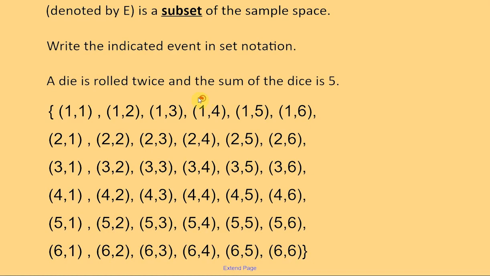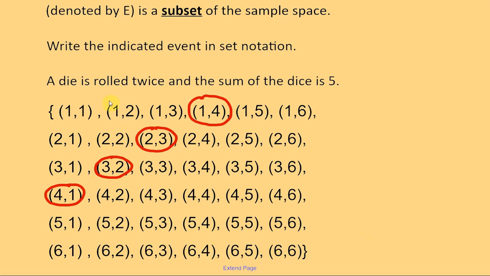And I know that 1 and 4 add up to give me 5. 2 and 3 would add up to give me 5. 3 and 2 would add to give me 5. And 4 and 1 would add up to give me 5. Of course, any of these that start with 5, if I add anything to 5, that's bigger than 5. And then if I start with a 6, of course, that's bigger than 5.